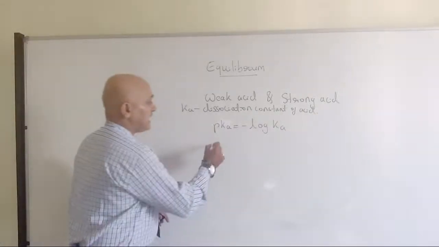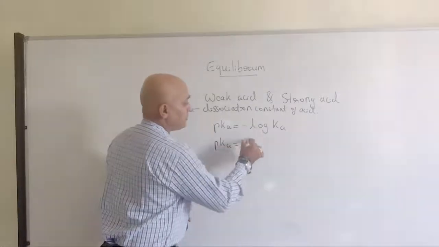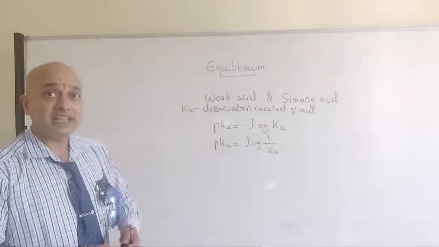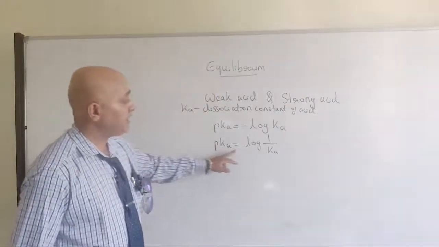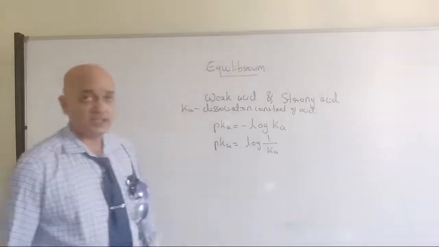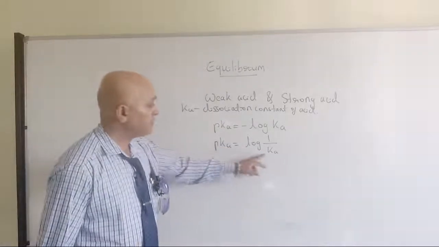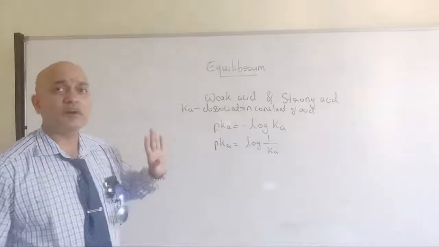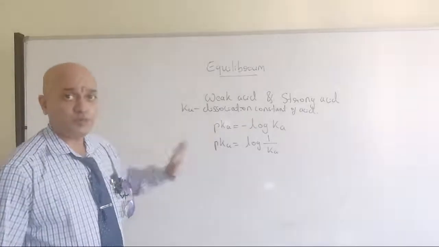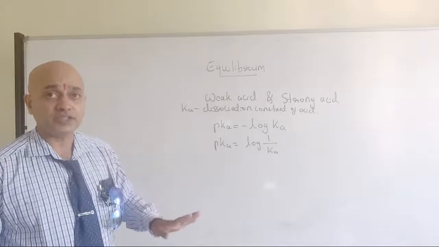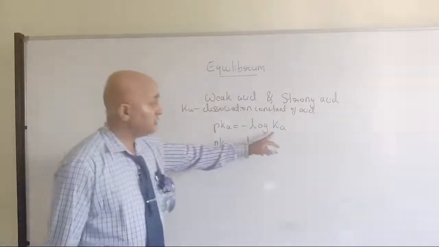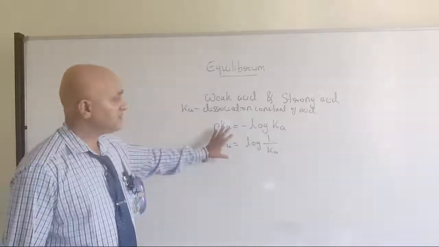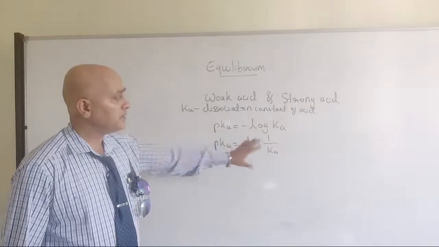We can also write it as pK is equal to log of 1 by Ka. So what I mean to tell here is Ka value and pK value are inversely related to each other. That's what this formula talks about. Remember this formula, which is the same as that of the pH, but there it is H plus concentration, and here it is dissociation constant.